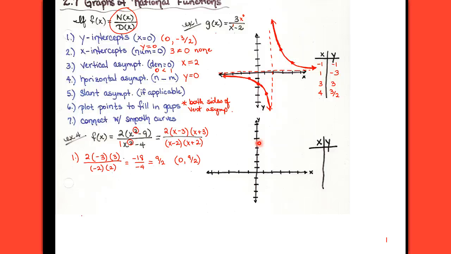If you come up here, can 2 equal 0? Not the last time I checked, so let's toss that out. X minus 3 equals 0 would give us X equals 3, and X plus 3 equals 0 would give us X equals -3. So 3 and -3, let's go ahead and plot those. X-intercept at -3, X-intercept at +3.